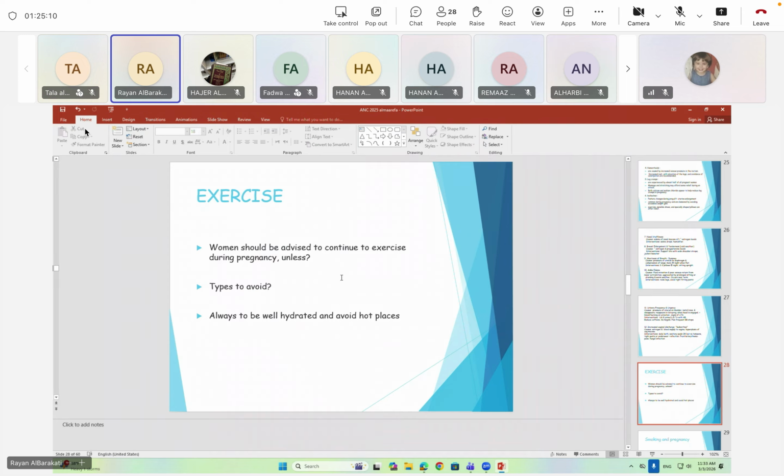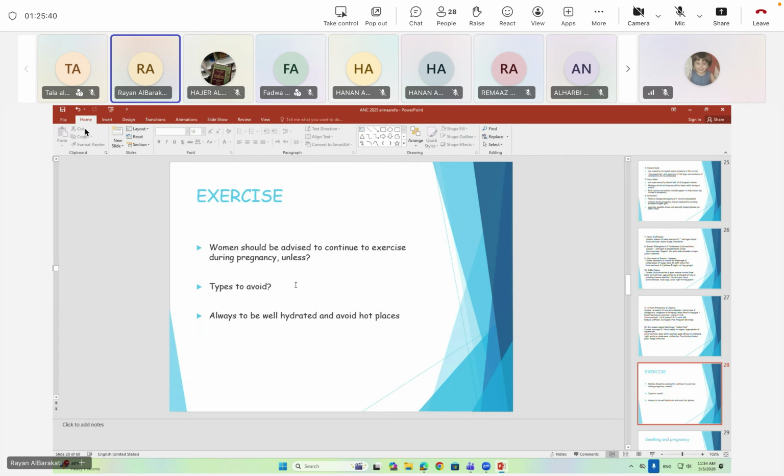Like what type of exercise that we should advise them? It should not be a high tone exercise. It should be helping the patient to stretch and strengthen their muscles, especially the core muscles and their pelvic floor muscles. They should be avoiding any exercise on the abdomen.